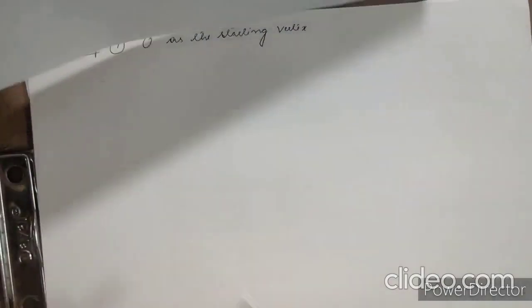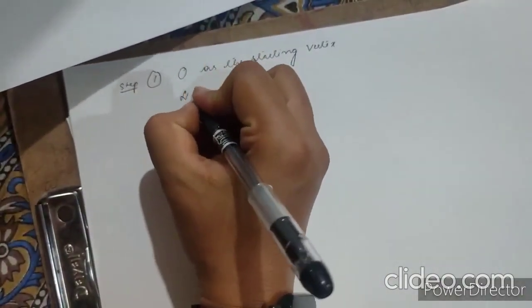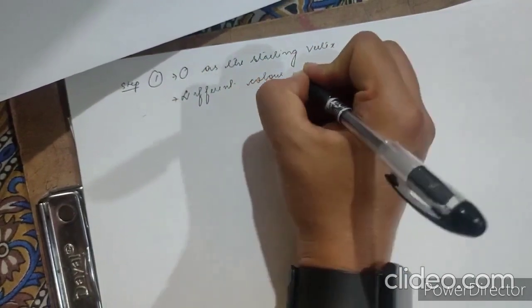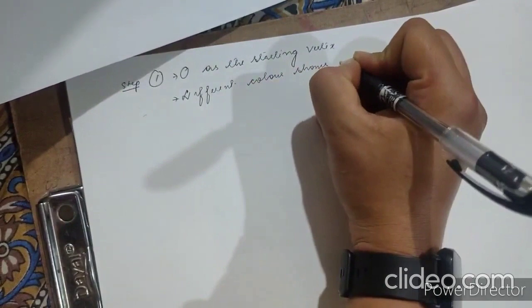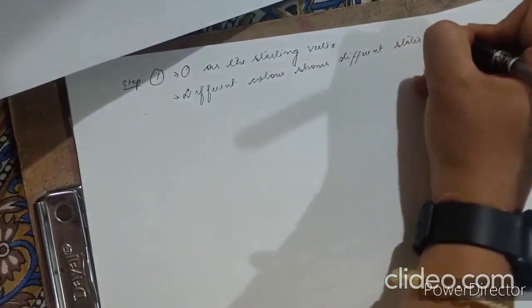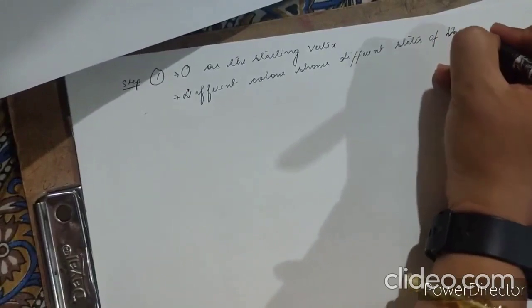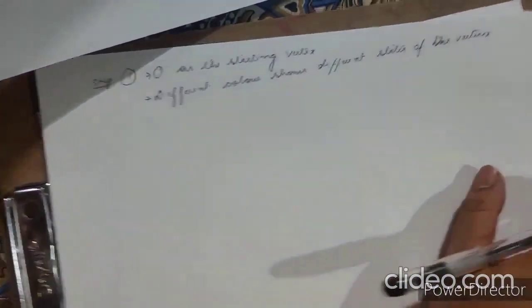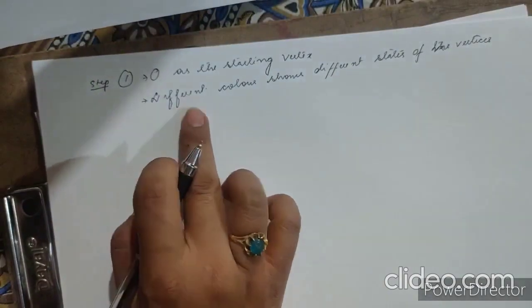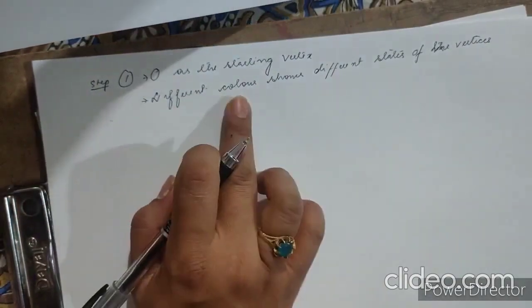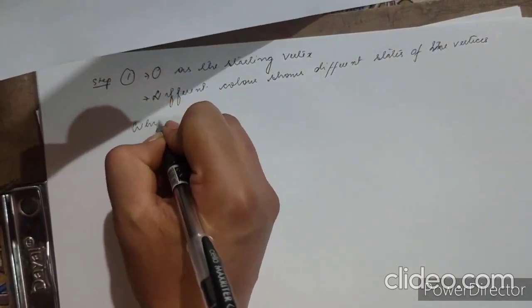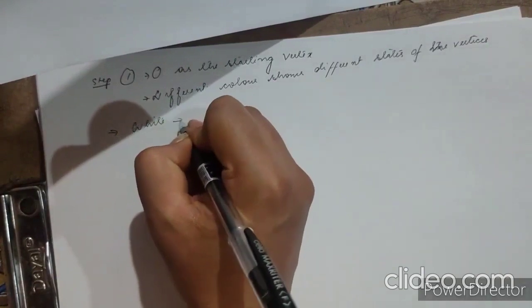So we are going to use different colors to show the different states of the vertices. White will indicate the initial state.